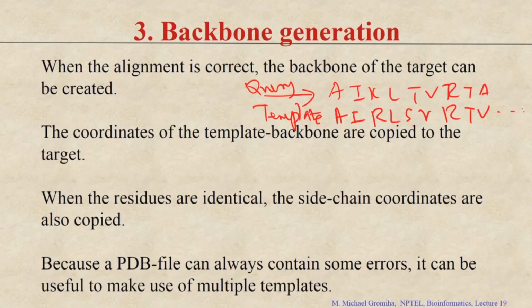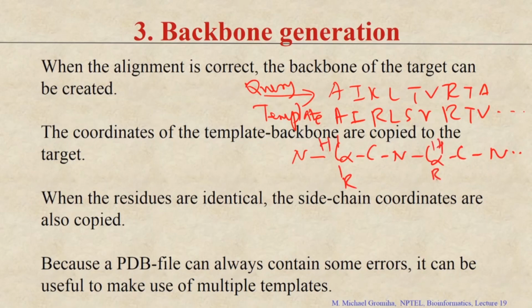Then if you see this one, the backbone is the same, because if you draw this, this sequence you can get this one: N, C alpha, C, N, C alpha, C, N. So, here you have the hydrogen and this R group. If you take the query sequence or the template, the backbone is the same. What is the difference? Different side chains.